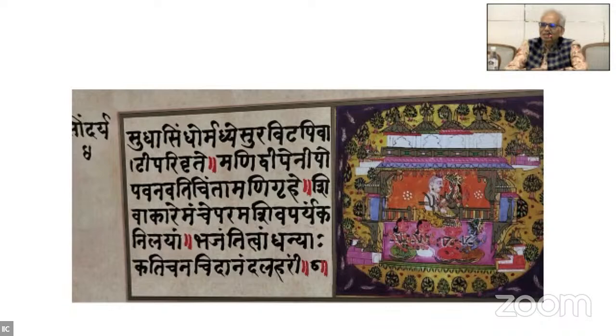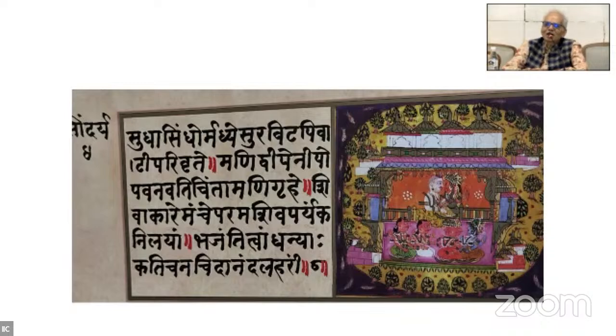All these have tantric motifs or meanings, and the mancha or the dais, that is Shiva himself, and you are lying on that paryanka, and in this form, those persons who can see you are blessed ones.